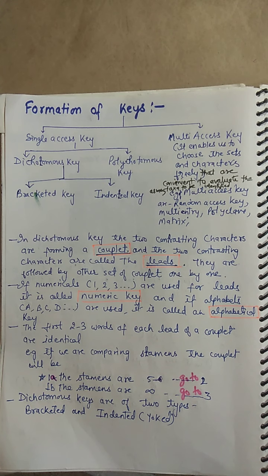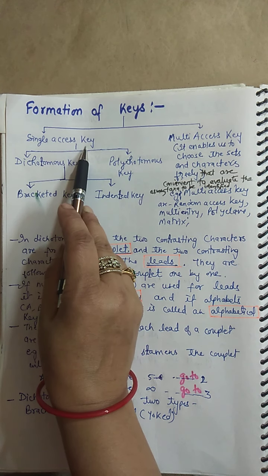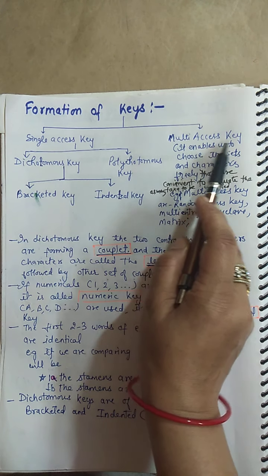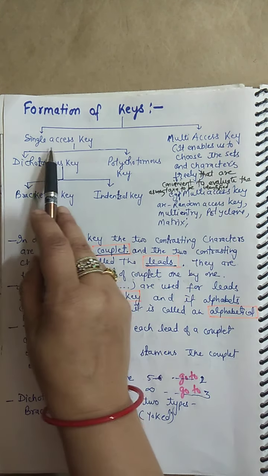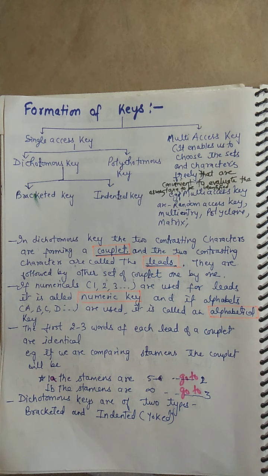Now, how are these keys formed? First, we will have to study what kinds of keys there are. Number one is a single access key and the other is a multi-access key. In a single access key, the sequence and structure of identification steps are fixed by the author of the key.